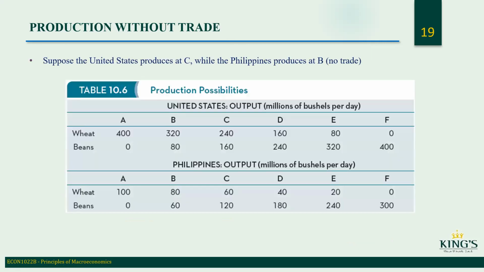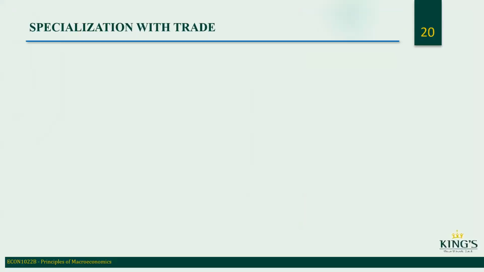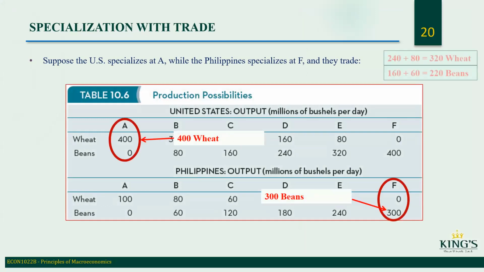So here, this is what they would produce without trade: 320 wheat and 220 beans. And then with specialization and trade, they would produce 80 more wheat and 80 more beans.